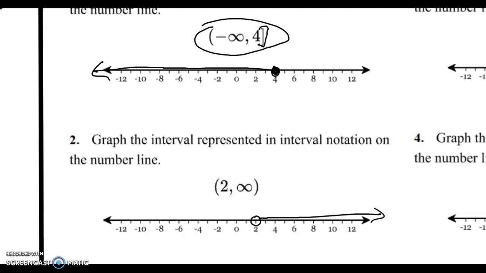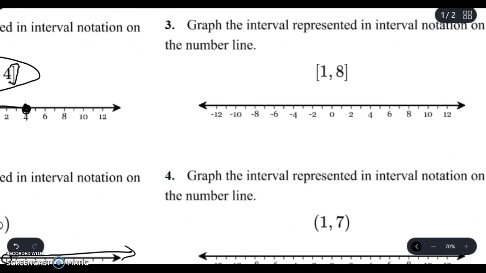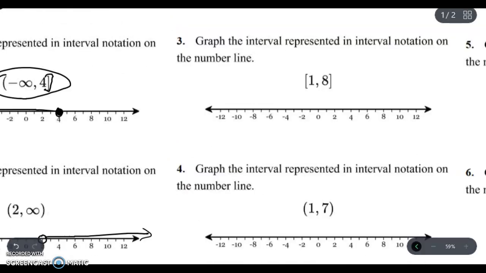All right, let's look at a couple more. You got these right here. Now these have no infinity, and there's no OR situation here. So this is a conjunction where we combine these together, and they go inward. Here you have brackets on both the 1 and the 8.